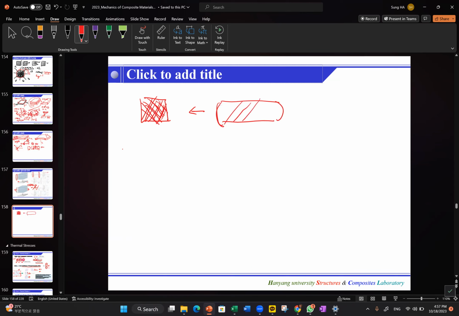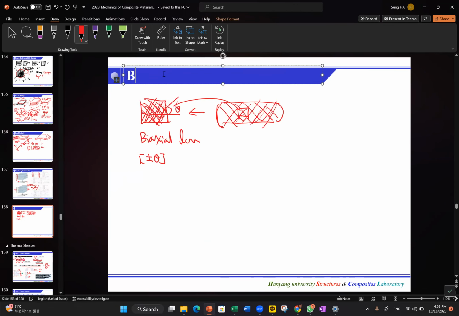We have a layup like this, and layup like that. So whatever is in the middle, we have a biaxial laminate with a certain angle theta. This one we call plus minus theta, okay? It doesn't have to be symmetric. This is another case, so this will be an axial laminate.